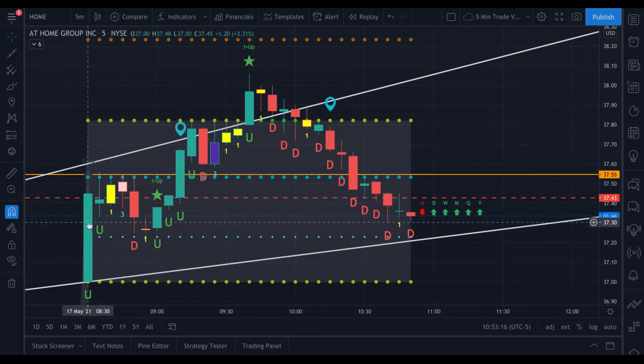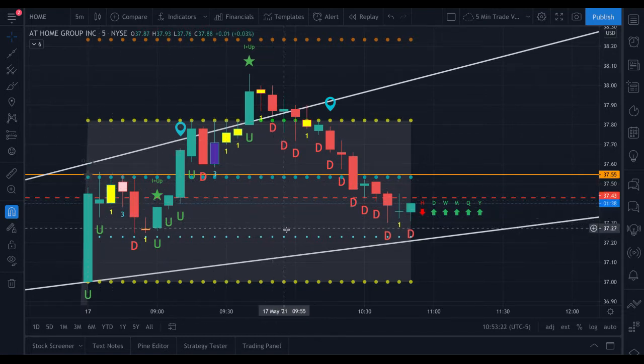This is the first candle of the day right here. If you've watched my previous videos, you know I have some drawings on here that are linked in comments. I've responded on videos if you're looking for how to get these drawings on your own view.